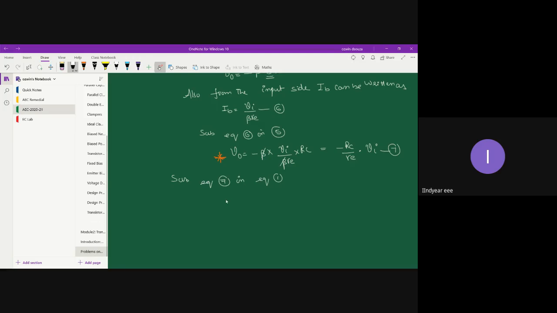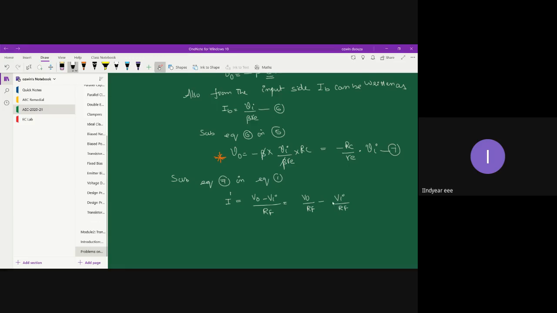Equation 1 is I dash, so I dash is equal to V naught minus Vi divided by Rf, which is equal to, let us split up, V naught by Rf minus Vi by Rf.